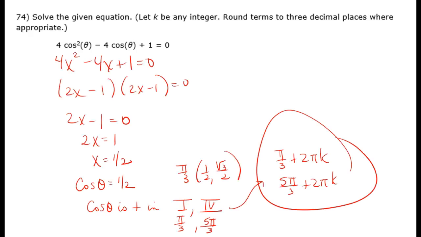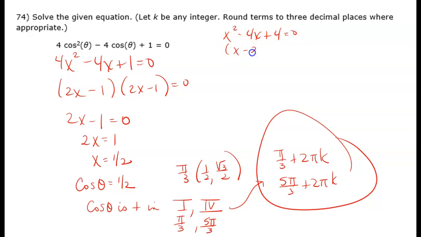Okay, last one here, you've got 4 cosine squared minus 4 cosine plus 1. This is one that you need to factor. So what I did is I converted it to x's and factored it using the x's. So here you might want to do bottoms up method to get to this point. If I was doing bottoms up method, I'd multiply the 4 and the 1 together and I'll get 4. So I'll have x squared minus 4x plus 4.